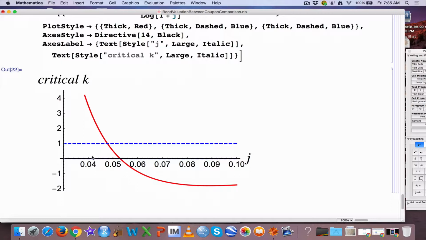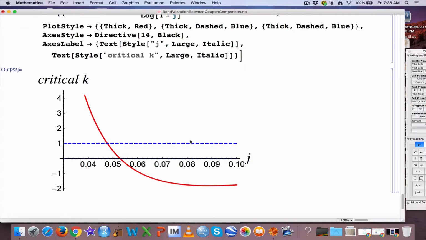For example, when j is 0.04, the critical value of k is close to 4. That would be where, if you took those green graphs and extended them further, you'd see a minimum at k equals 4. But we're only concerned about the values of k between 0 and 1, and that's why I put the dashed horizontal blue lines here.